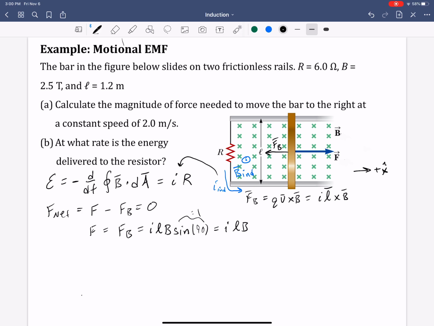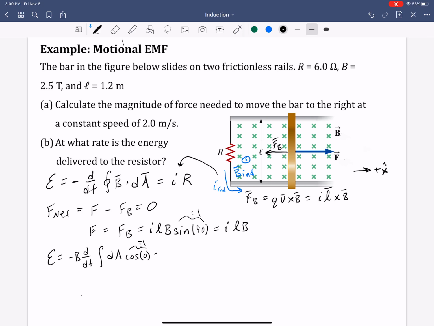And so we need to find or evaluate the change in magnetic flux. So let's see. The magnetic field magnitude is not changing, so let me bring that out front. Now we have the integral of dA. I guess I should put cosine of 0.